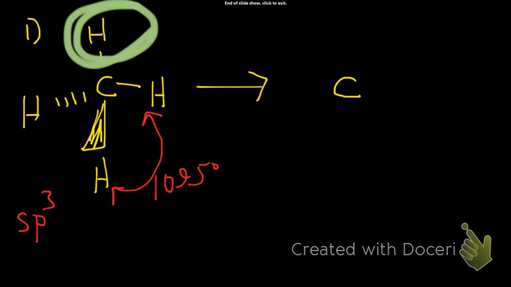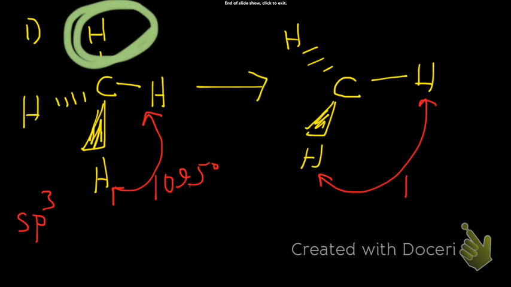And if you remember, when it has 3 things hanging off of it, it's no longer going to be tetrahedral. Now the angle is 120 degrees because it's trigonal planar.